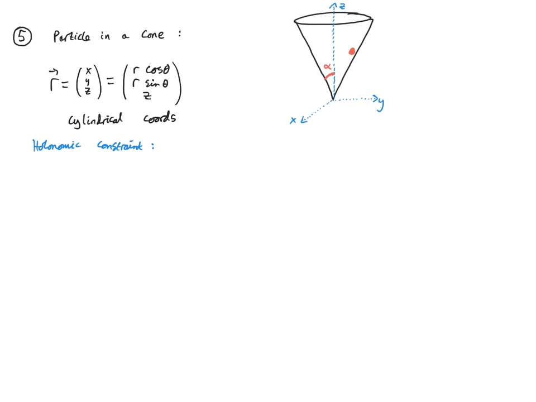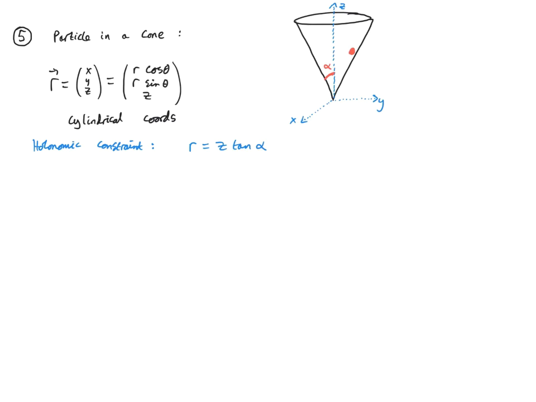Well, basically, we can specify that the radius is always related to the height, z, through the angle alpha. And if you do a little bit of trigonometry, you realize that r and z are not independent. They're related to each other.